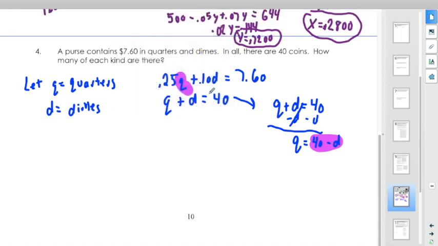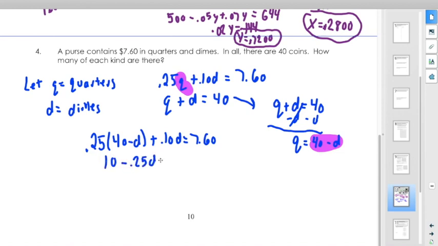So I'm going to have 0.25 times 40 minus D plus 0.10D equals $7.60. Okay, solving here. 10 minus 0.25D plus 0.10D equals 760.